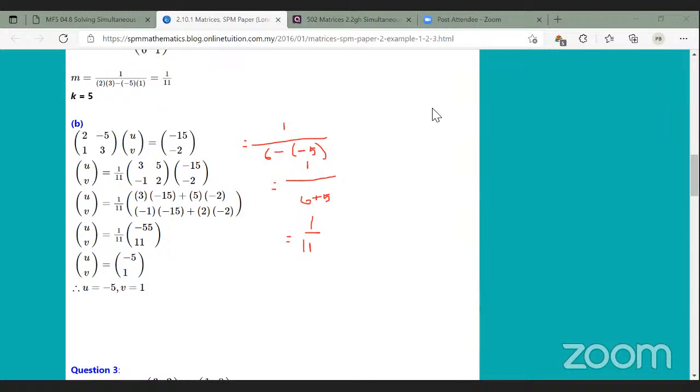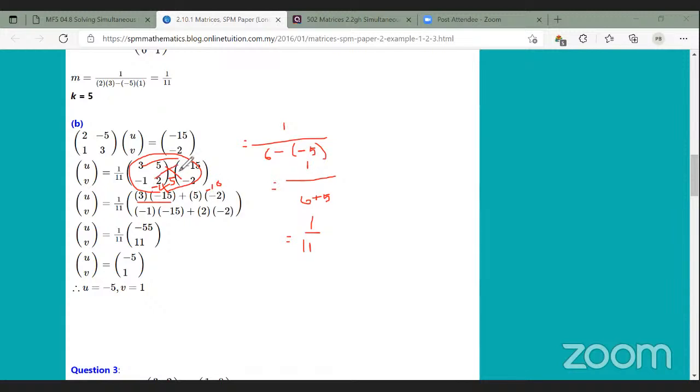Once you get that, then you have to times in these two matrices. So 3 times negative 15, 5 times negative 2, as you can see over here. So 3 times negative 15, you'll get negative 45, plus 5 times negative 2, you'll get negative 10.